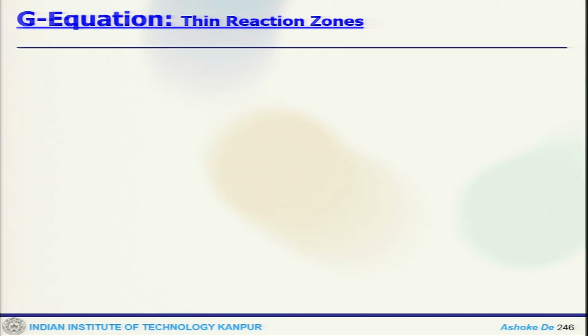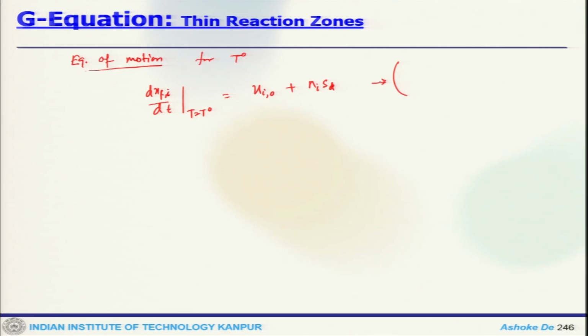Now we write the equation of motion for T naught: dxi/dt, ui naught plus ni Sd, which is a similar expression to the one written for the level set approach, equals ui plus SL ni.